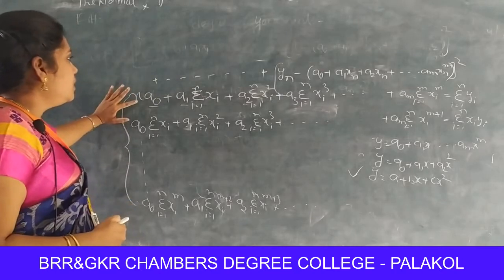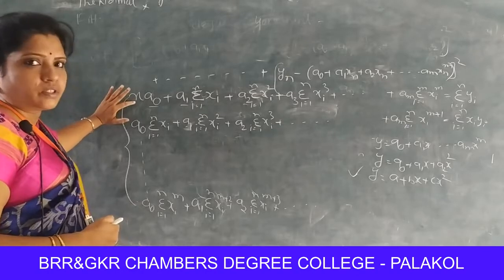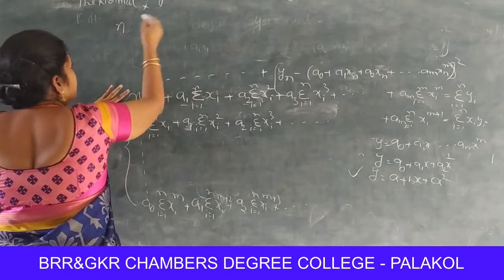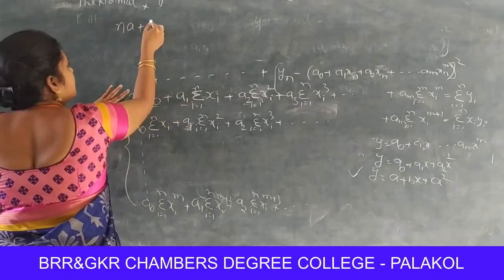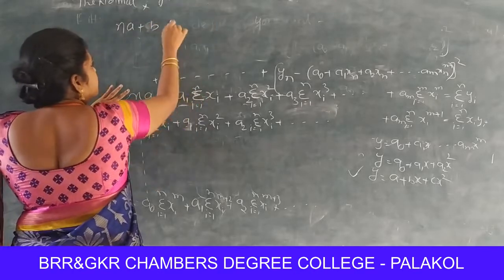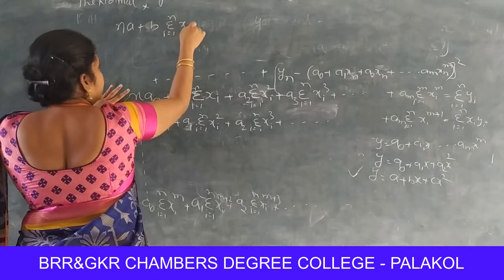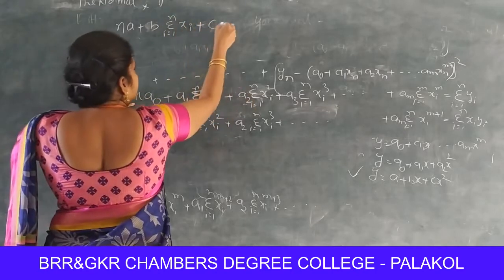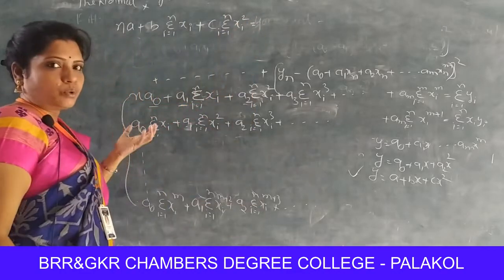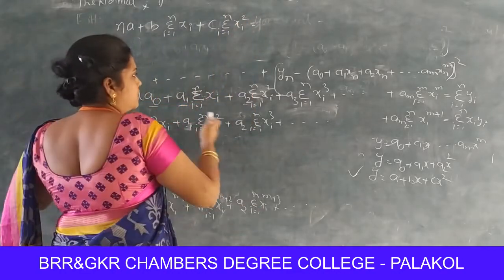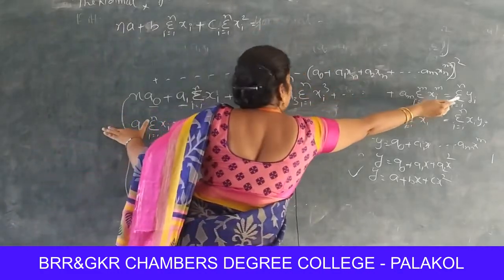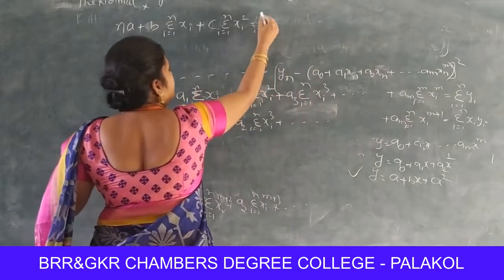The first one is n a plus b sigma xi plus c sigma xi square, with i running from 1 to n, equal to sigma yi.